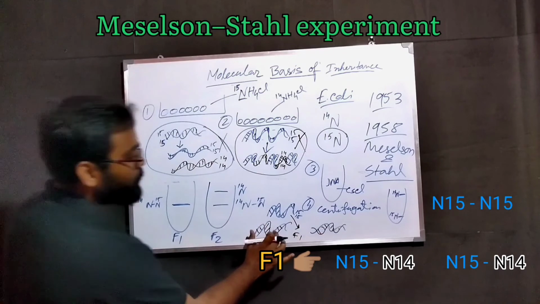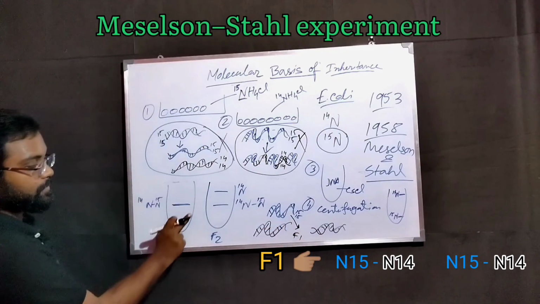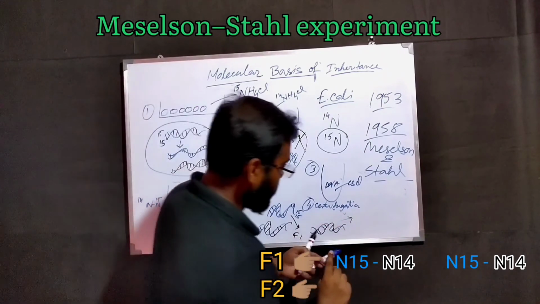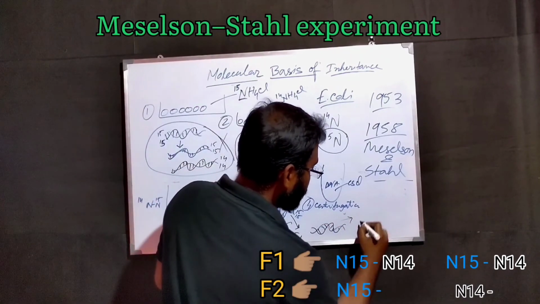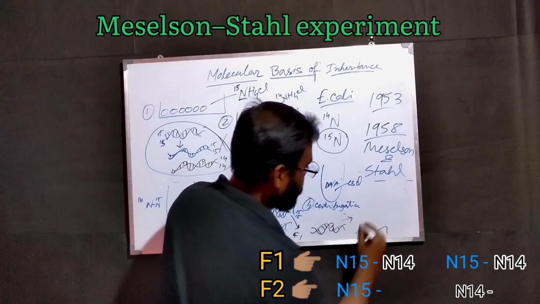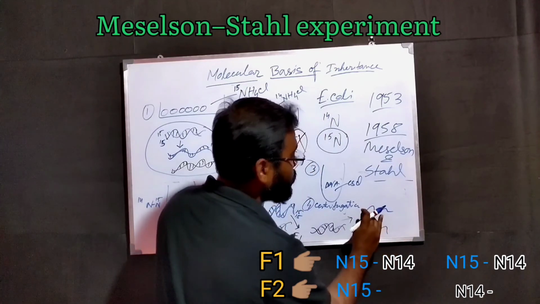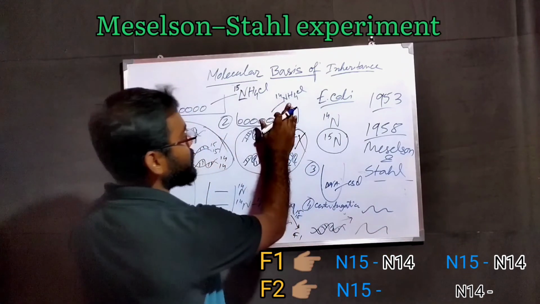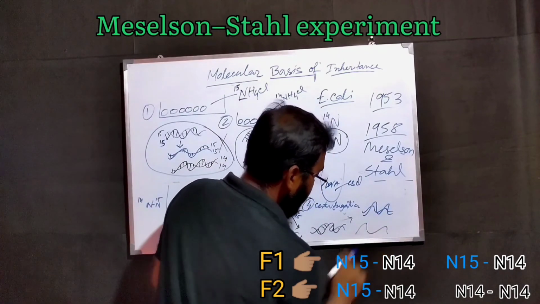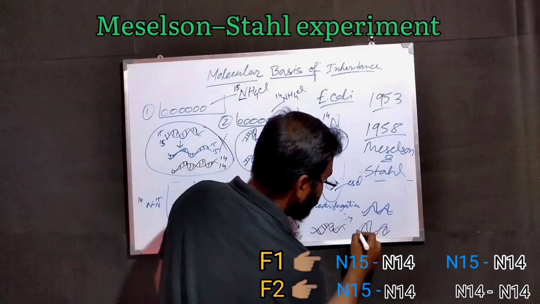So in the F1 generation we will get an intermediate band. And for the F2 generation, again they will get separated. So this is for the N14 and this is for N15, and they will produce a new one. The new one is always N14, so they will produce this, and this new one will obviously be N14.